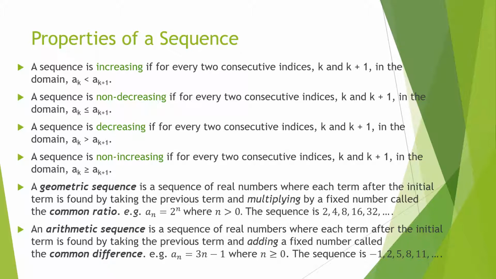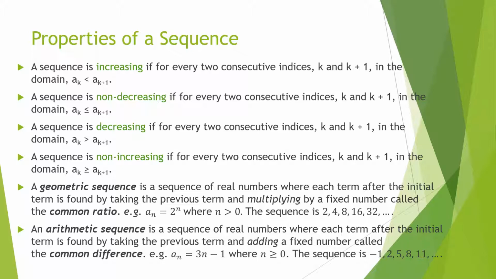So in the arithmetic sequence, every term would be the previous term plus some constant value, which we call the common difference. In the geometric sequence, every term would be equal to the previous term multiplied by a constant number, which we call the common ratio. So in arithmetic sequence, we have addition operation between the two consecutive terms.